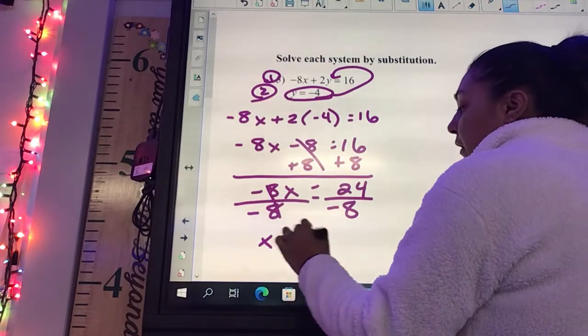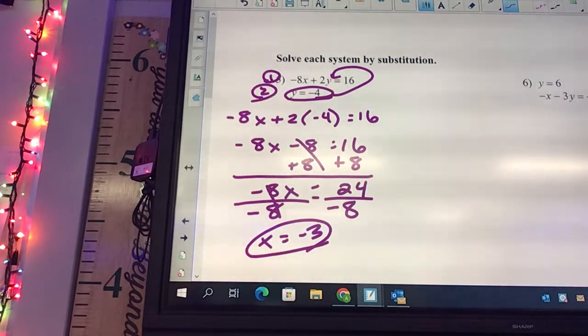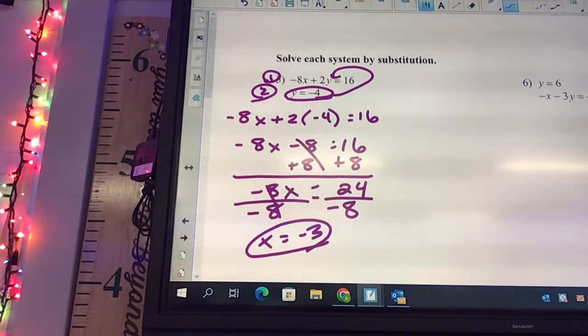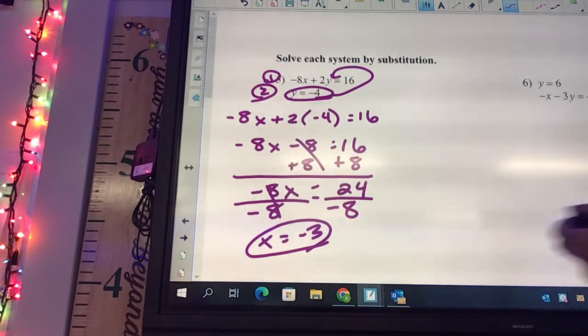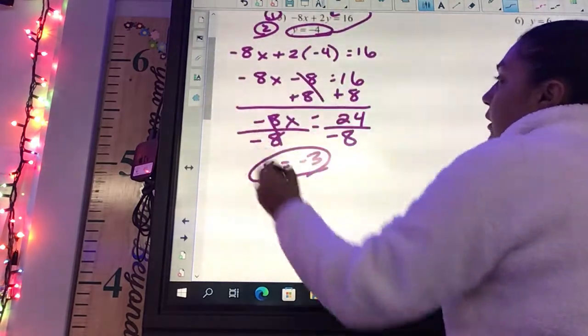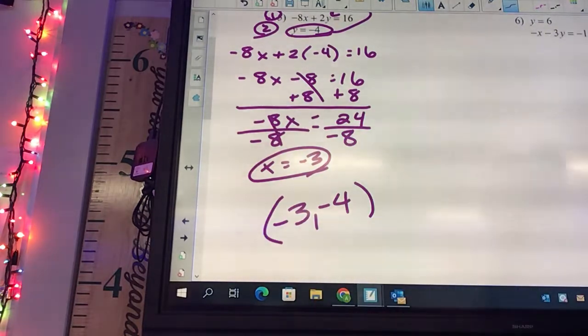So you're gonna get x equals -3. Okay, now, typically you take that and you plug it into the y equals, but we already know what the y equals. What is the y equals? -4. So this is one of those like, I guess short ones. Okay, so it's gonna look like -3, -4.